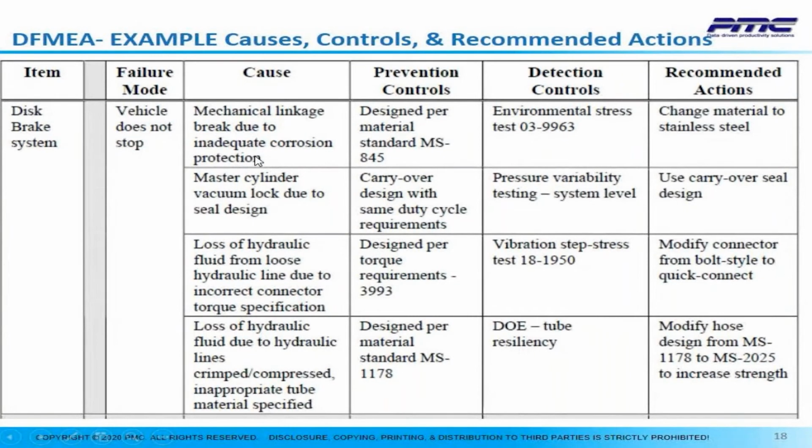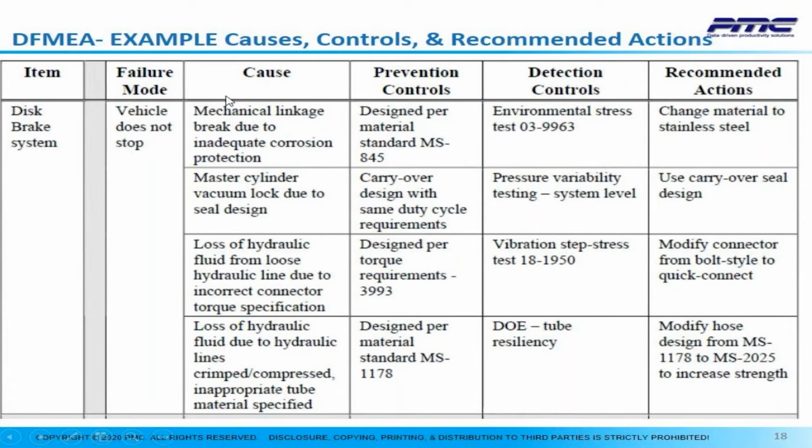Technically, there is a prevention control, which is that the product is designed per material standard MS 8845. And the detection control is the environmental stress test that the product goes through. But still, it's a high risk, and it was recommended that we change the material to stainless steel. So that's how it works, and this is a quick summary of an example.